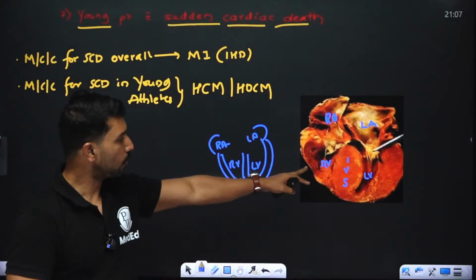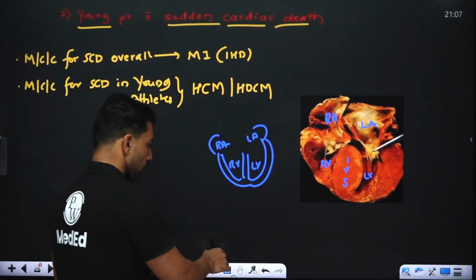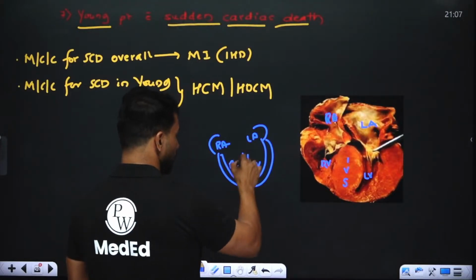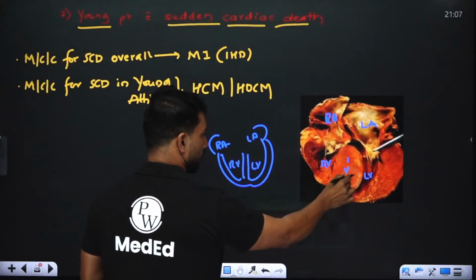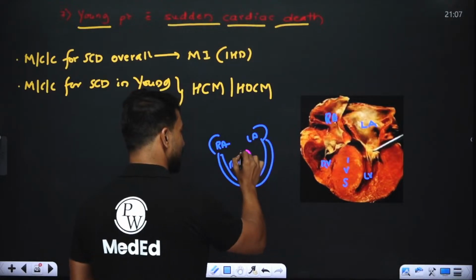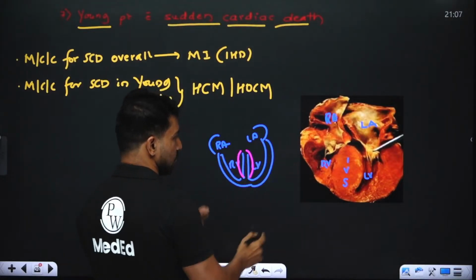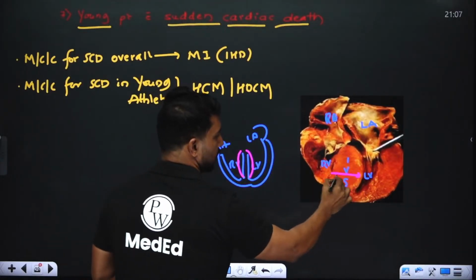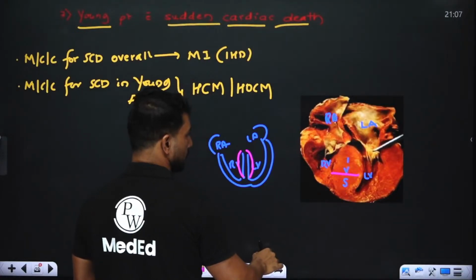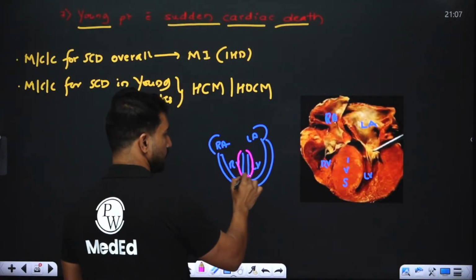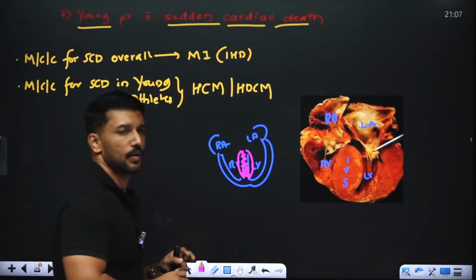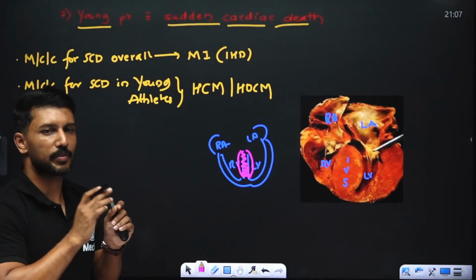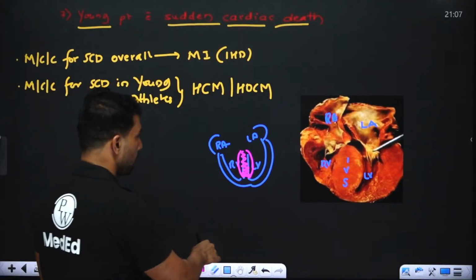So as you see here, what is the change you notice? One of the important changes you notice is that the interventricular septum here has become hypertrophied asymmetrically. It is enlarged, right? This condition where the interventricular septum is asymmetrically hypertrophied, we will call that finding asymmetric septal hypertrophy.